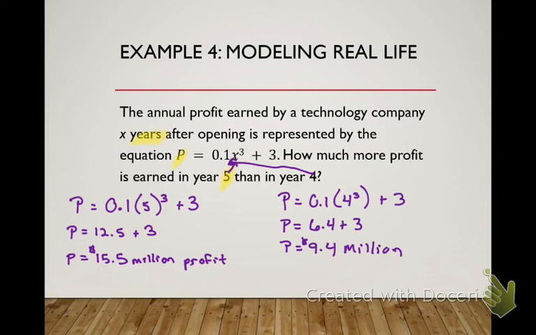Now I can answer the question. What is 15.5 minus 9.4? Okay, it's a $6.1 million difference. I'm a millionaire.